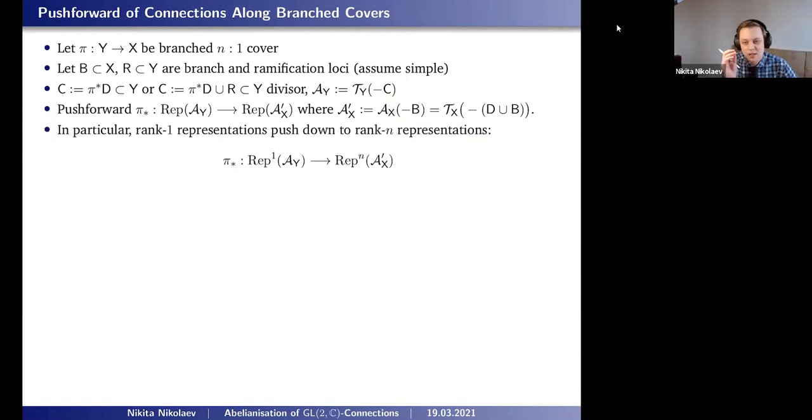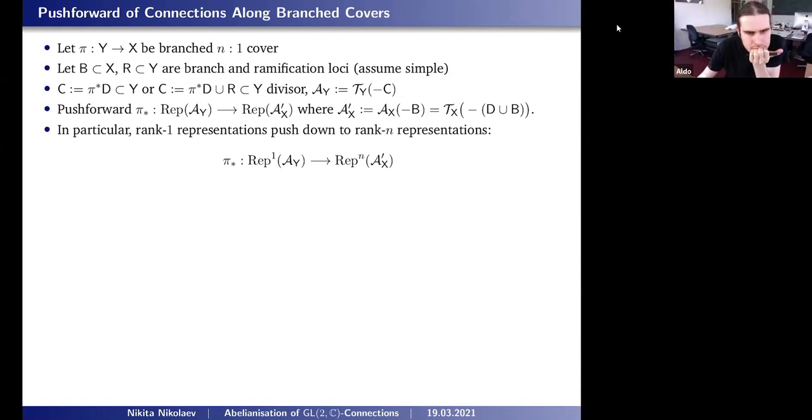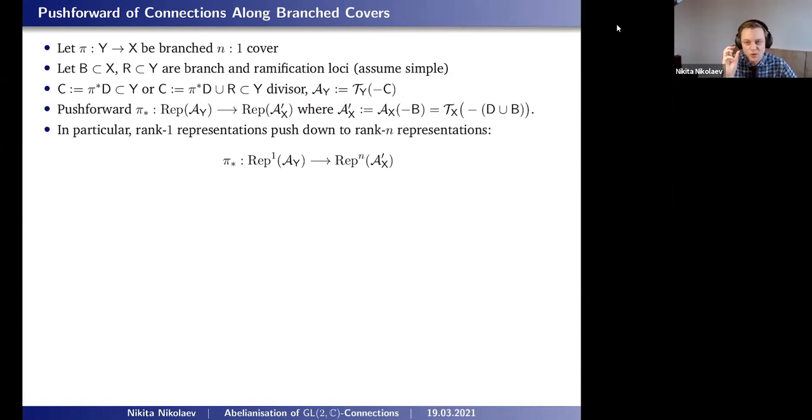So in particular, this is the case that I really want to focus on. In particular, if I look at rank 1 representations on Y, then I can push them forward. And basically the starting point is you first take the line bundle, that would be the rank 1 representation, and you push that forward.